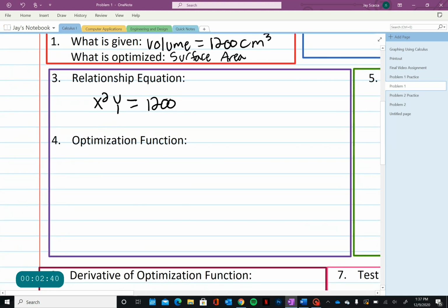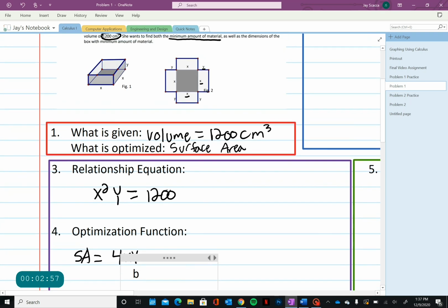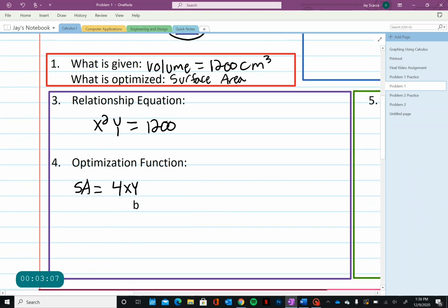And for the optimization function, it's asking to optimize surface area. And the formula for surface area of the box would be 4xy, because that gives you surface area for all of these sides, and then plus x squared.